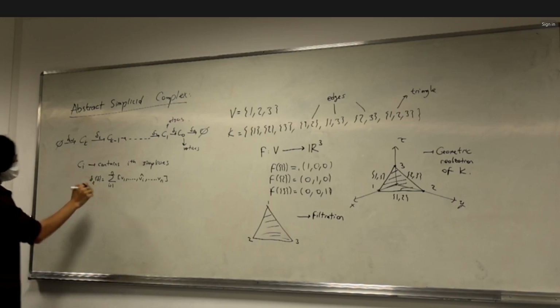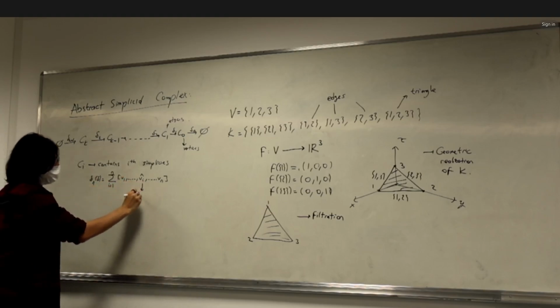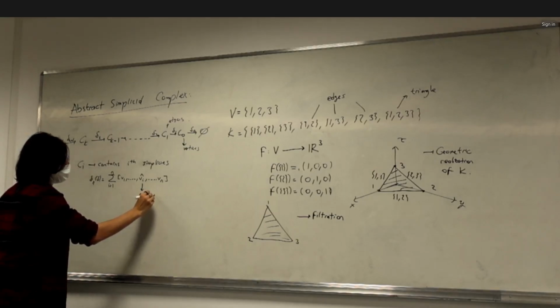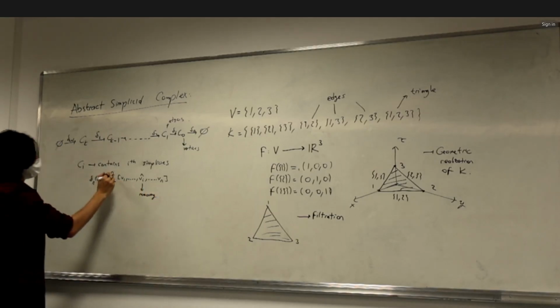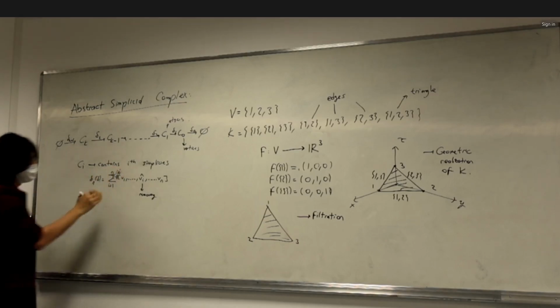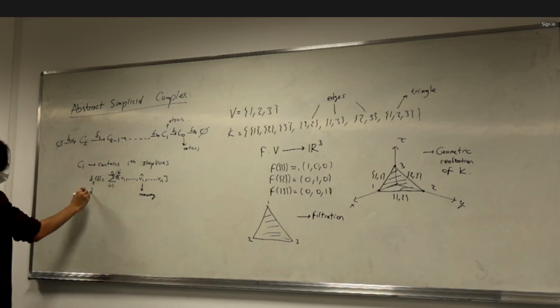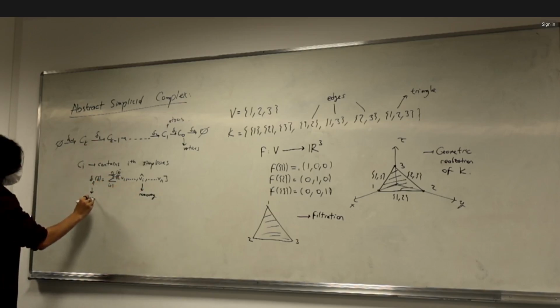No. So it takes n simplices, and this denotes removing this vertex, and we just sum these simplices, and this will define a boundary map, and this will be a homomorphism.